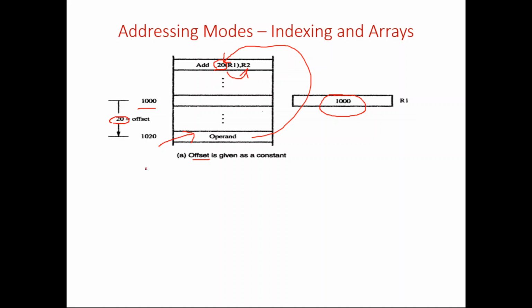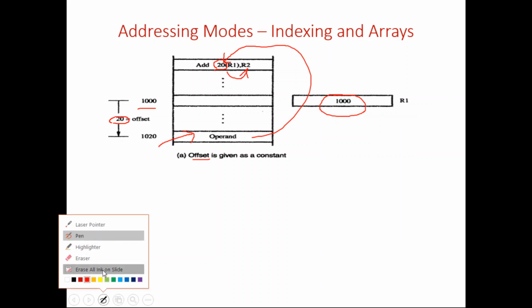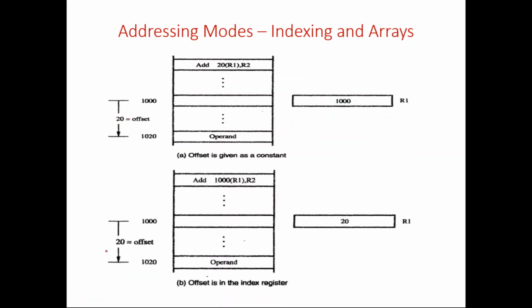It is not that you should always specify the offset as a constant. You can even specify the base address as a constant. Here you can see add 1000 of R1 comma R2. Now what is the R1 value? 20. That is, the offset is given in a register. Now the offset is specified in one of the general purpose registers or index registers, whereas the address is given as a constant.